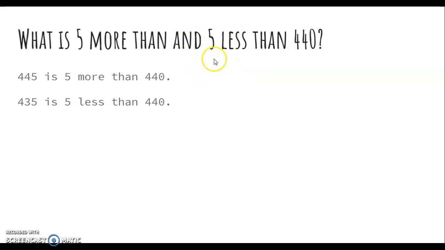Then the second part of the question says, what's 5 less than 440? So 440 minus 5 equals 435. That means 435 is 5 less than 440. So your two answers should be 445 and 435.